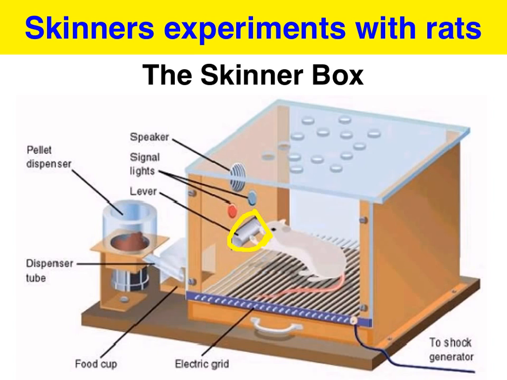The positive reinforcement in the form of food was delivered through a food dispenser after lever pressing. There was an electric grid on the floor that would deliver painful electric current. There was a light that, when flashed, was a warning signal to the rat that the electric current was about to come.